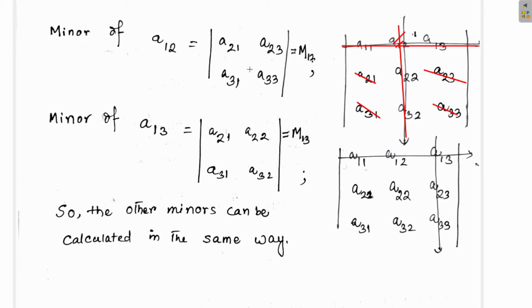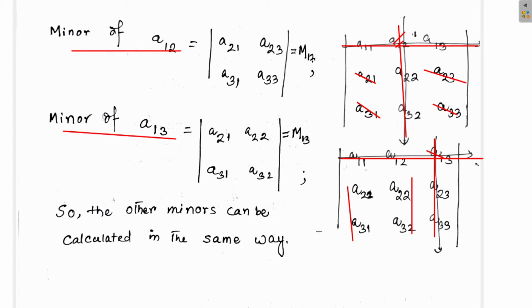So these four elements will give the minor of A12. Similarly, the minor of element A13 can be calculated like this. We will remove this row and this column, and the determinant formed by these remaining elements will give the minor of element A13.